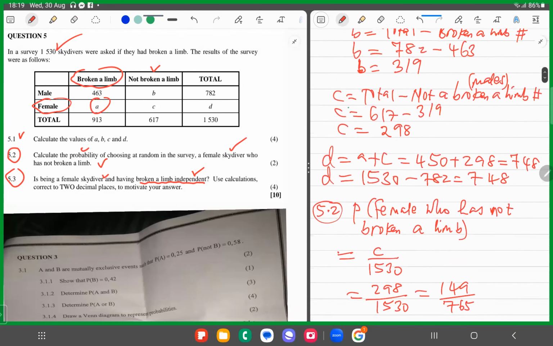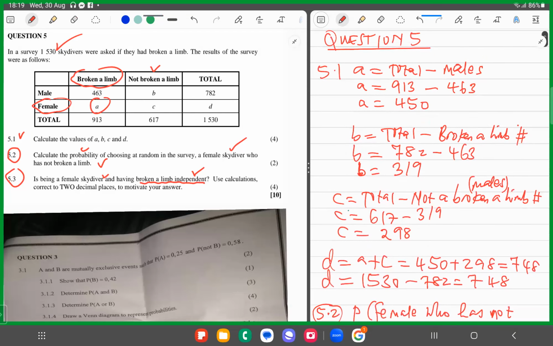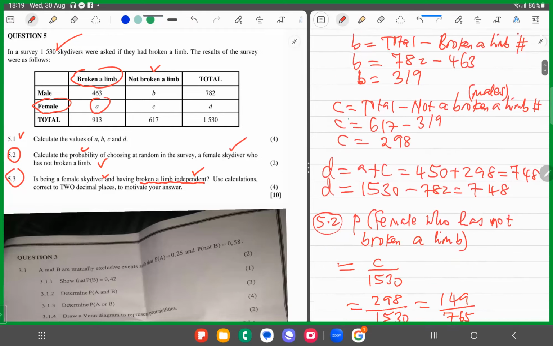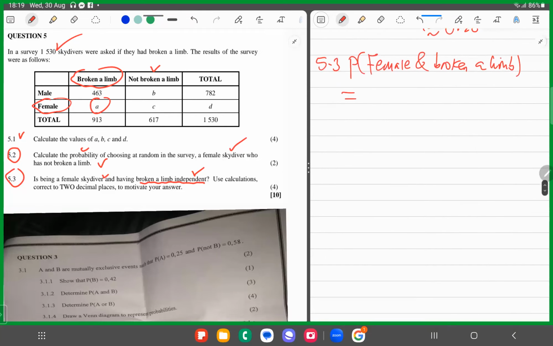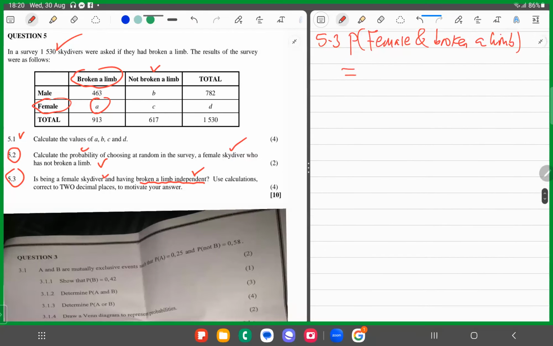What did we get A to be? We got A to be 450. So you come here and you put female and broken limb is 450 divided by the total. The total is 1530. And then we can just simplify this.